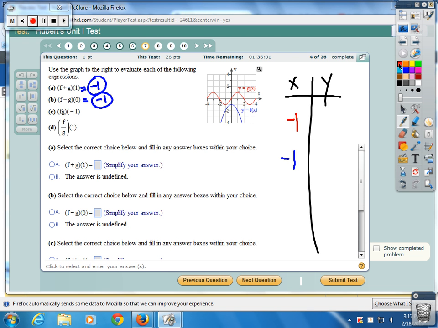And what's negative 1? What does negative 1 give us right here? Negative 1. And what does negative 1 give us with blue? What's those two multiplied?